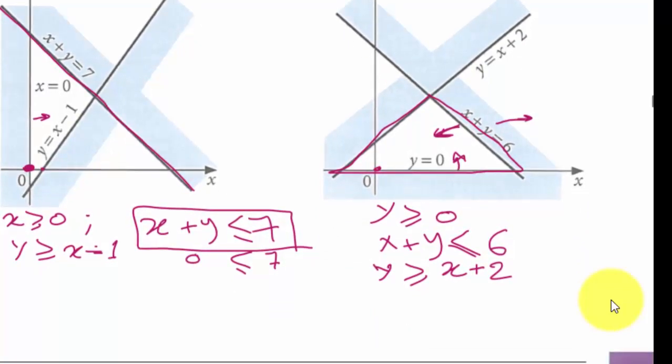Again, we can test by substituting any point under this line. Since 0, 0 is under this line, 0, 0 is the easiest point. Under the line we have 0, 0. If by writing 0, 0 we got something more, it means y is more. Then if we put 0 here, 0 is less than x plus 2. 0 is less than 2, so it means x plus 2 is greater than y.